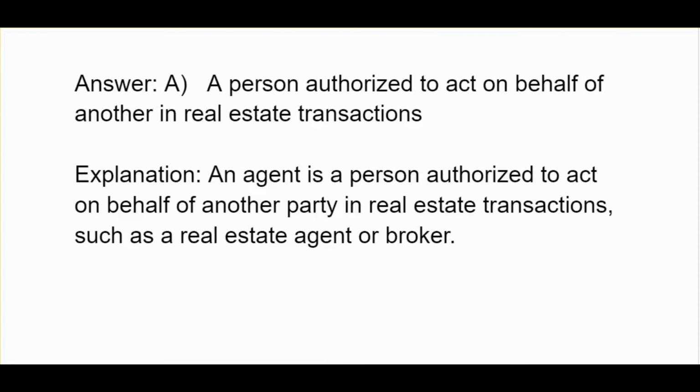A, a person authorized to act on behalf of another in real estate transactions. An agent is a person authorized to act on behalf of another party in real estate transactions, such as a real estate agent or broker.